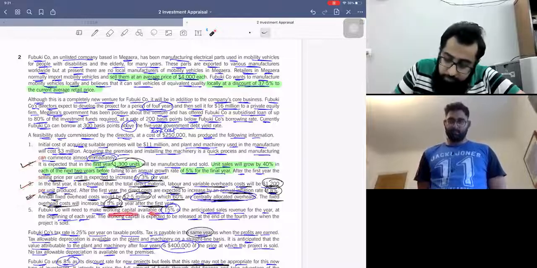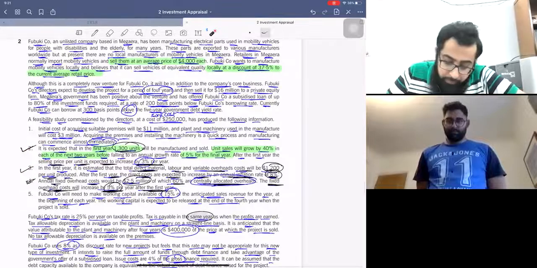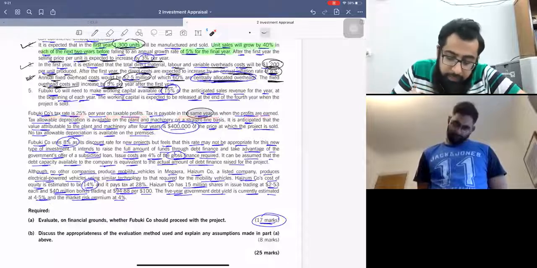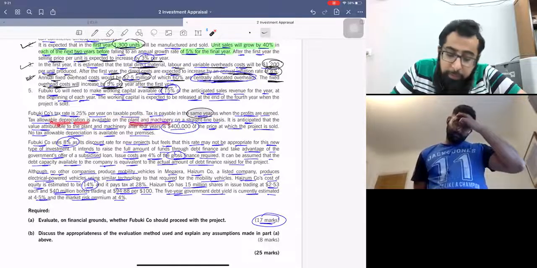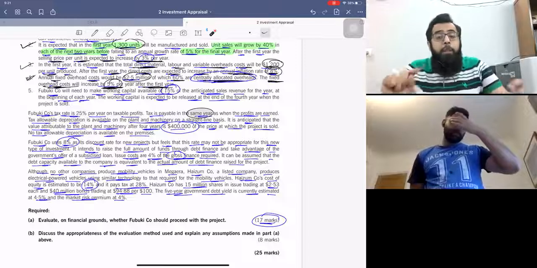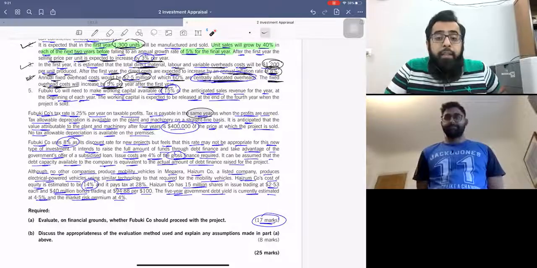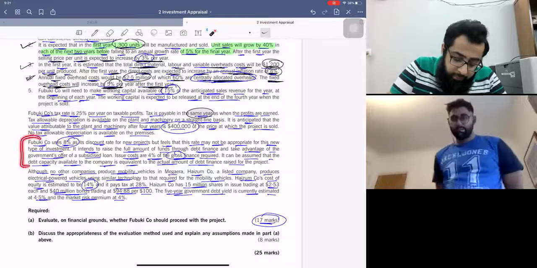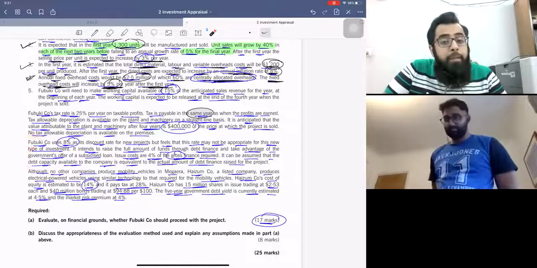Then there is detail of working capital. The company tax rate is 25%, payable in the same year. Tax allowable depreciation is available on plant and machinery, on which we have to record capital allowance because we have to calculate the taxable profits and the tax. And then there is detail relating to cost of capital.